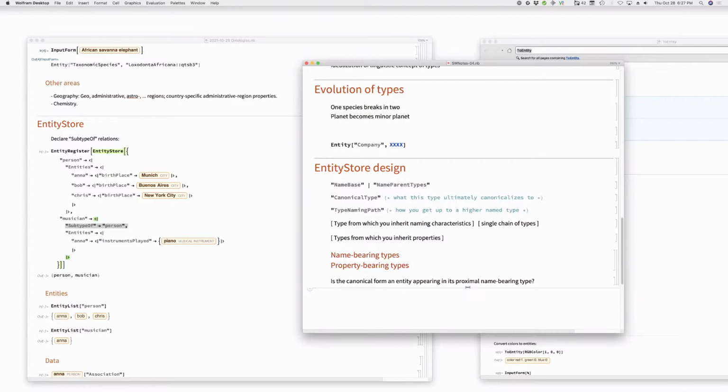Completely different kinds of things, completely different in the name-bearing type hierarchy, but nevertheless having the same property attached to them. Is that correct? I think so. Tony? Okay.